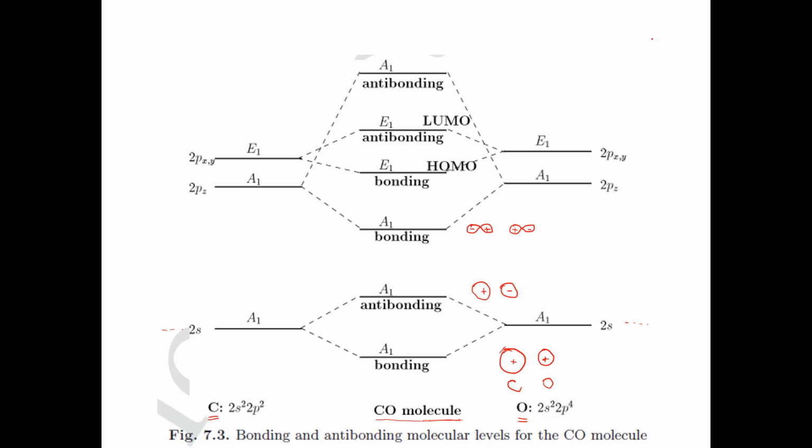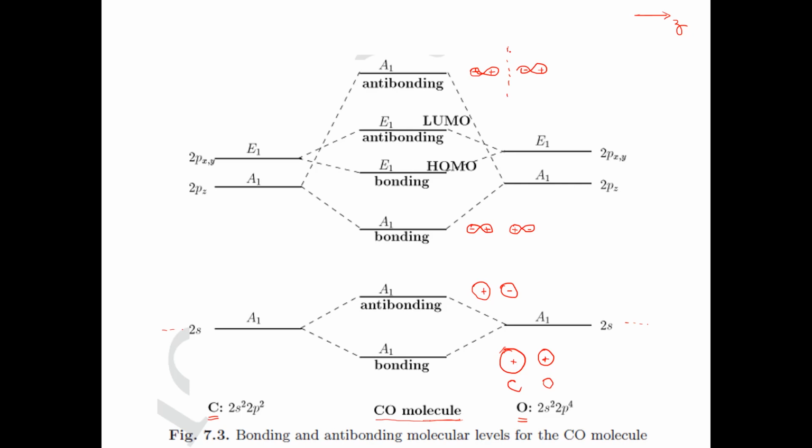So I use this choice of pz axis. And the anti-bonding combination, now the anti-symmetric one, is going to be this minus plus minus plus. So I have a depletion of charge here in the interstitial region.